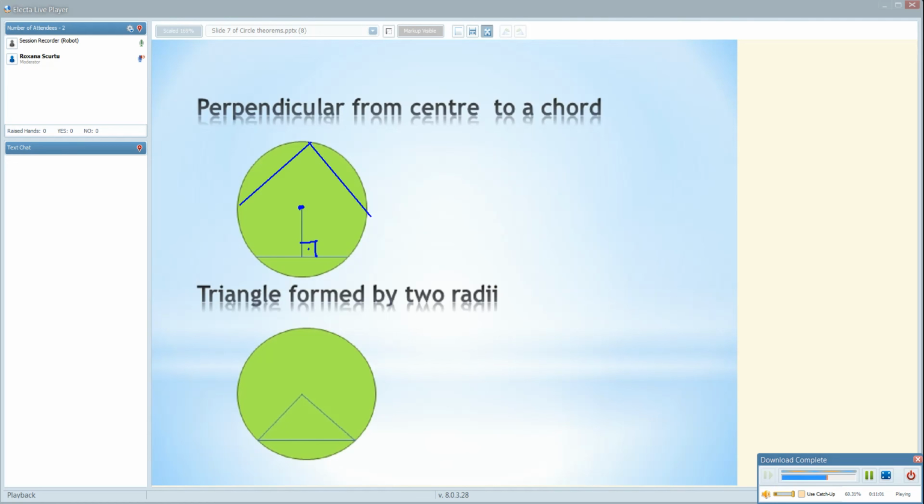So if we have another line here or another line here, and we put a radius, it's going to be perpendicular, yeah, to the chord. 90 degrees and 90 degrees. Okay?